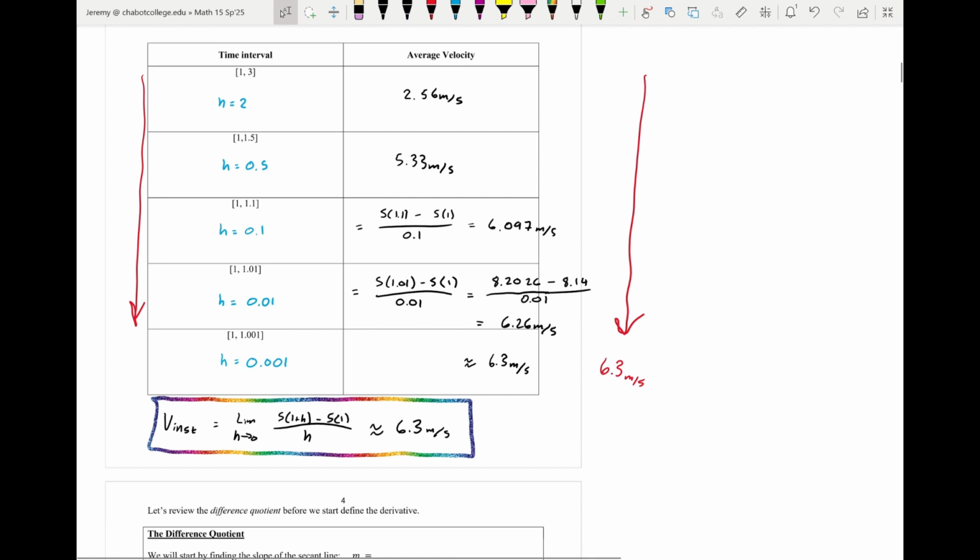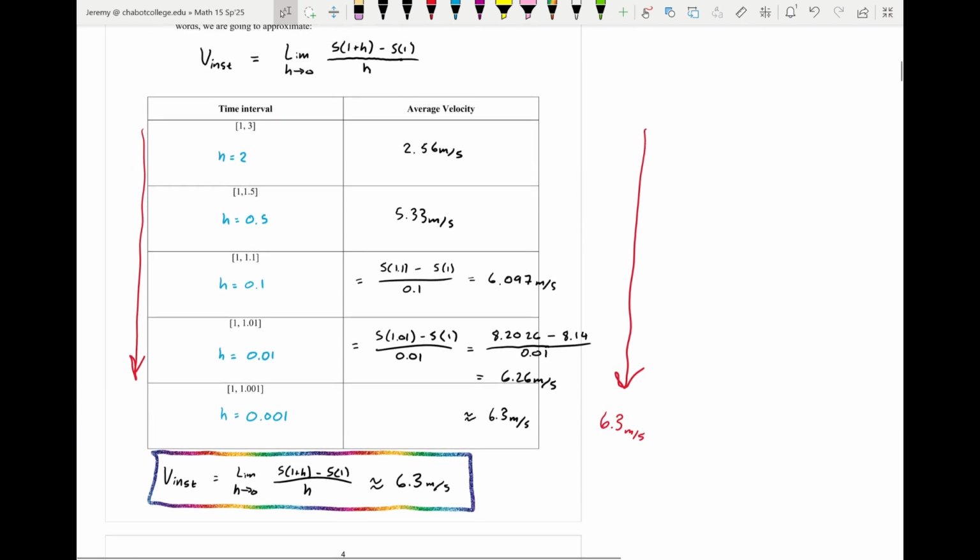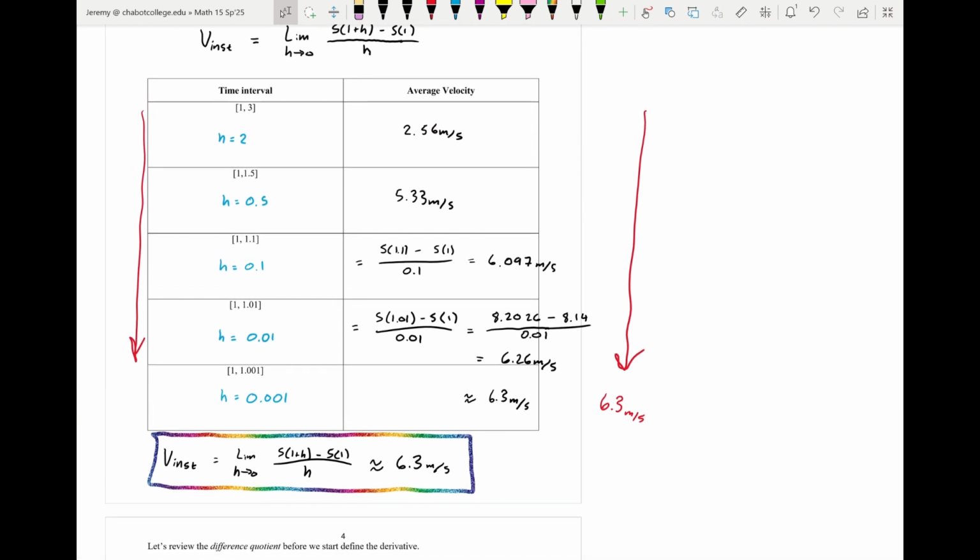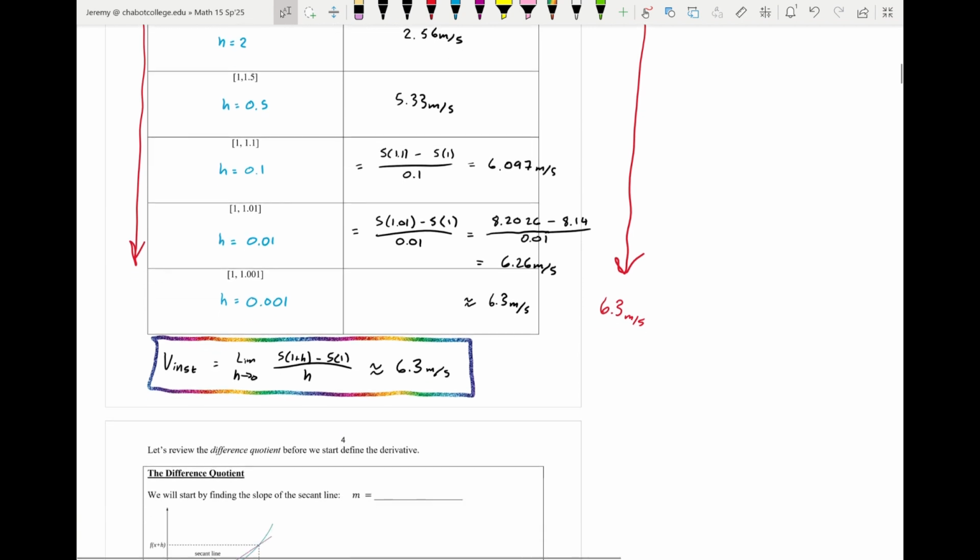All right, and sometimes we'll have to do this table of values thing, but we are going to very soon find that there are actually some techniques for computing instantaneous velocity or an instantaneous rate of change, and the thing that allows us to do that really quickly and efficiently and easily is called the derivative.